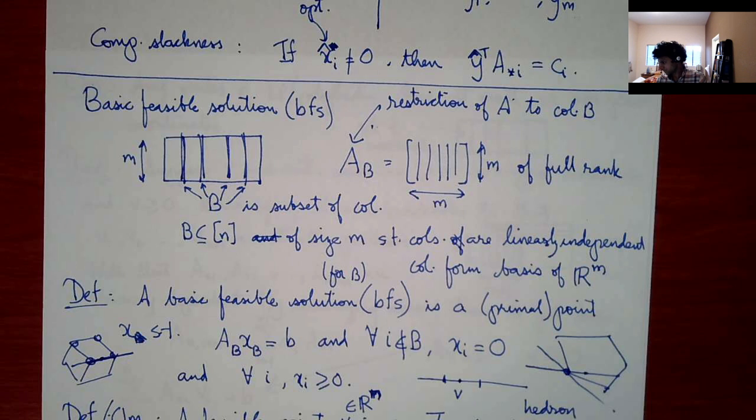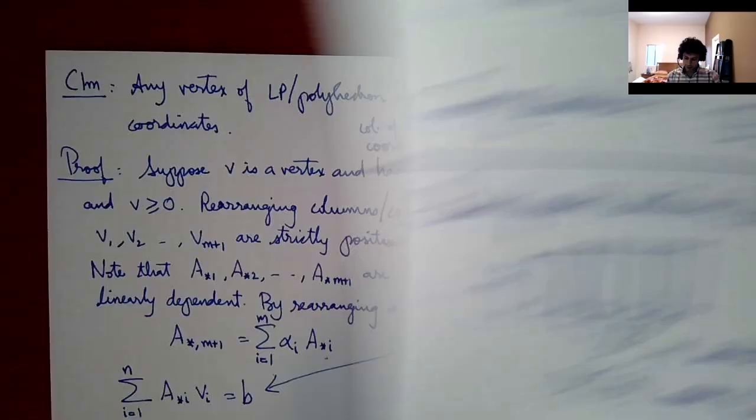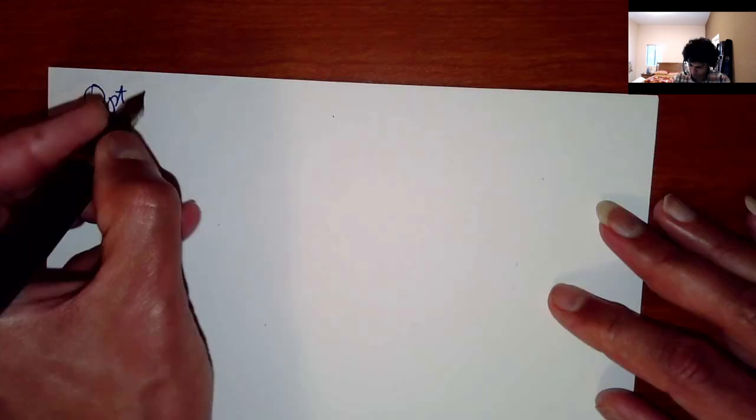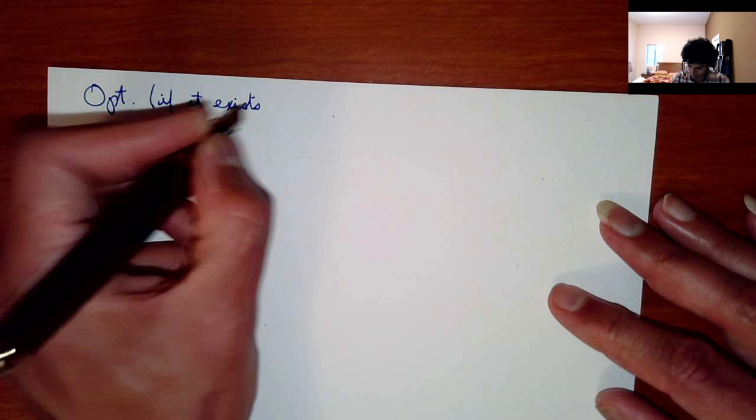Okay. So again, if you missed the calculation, that's okay, but any vertex of the LP has at most m non-zero coordinates. So good. So now that we have that, we also know that the optimum, if it exists, is a vertex.